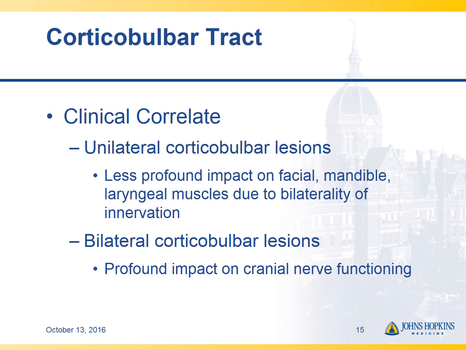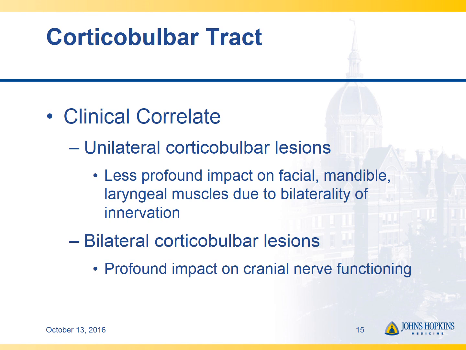A couple of clinical correlates then would include unilateral corticobulbar lesions. So we've talked a little bit about this in class, that if there is bilateral innervation, say the cranial nerve 10, the vagus, there's an upper motor neuron lesion, there's a less profound impact on laryngeal muscles because of the bilaterality of innervation.